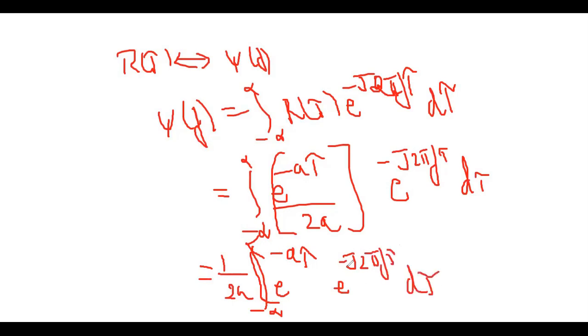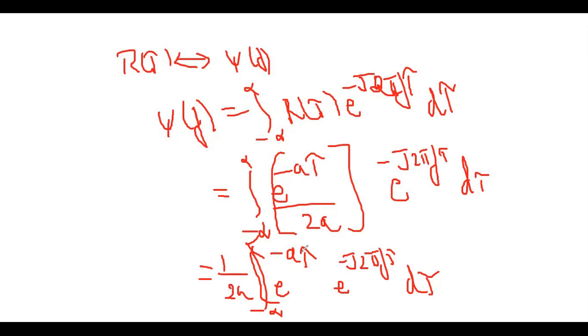Now you can see it is the formula for the Fourier transformation of e power minus a tau. What is the Fourier transformation of e power minus a tau? 1 by a plus j omega.